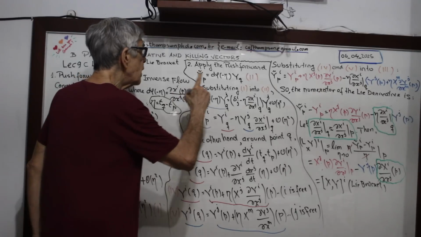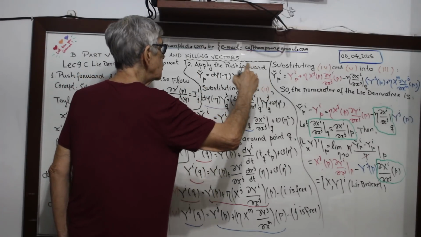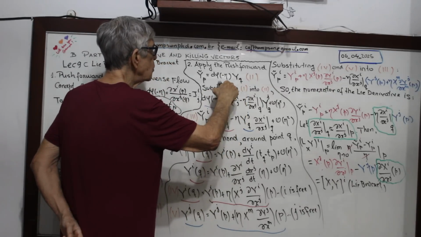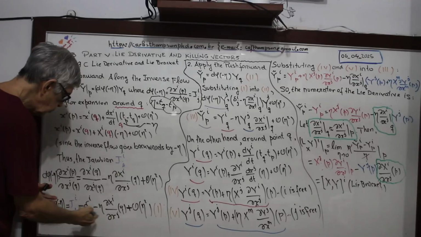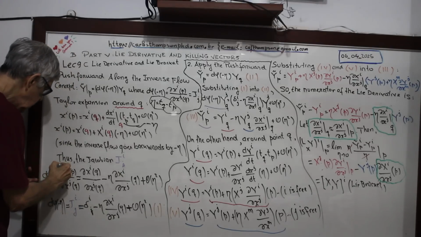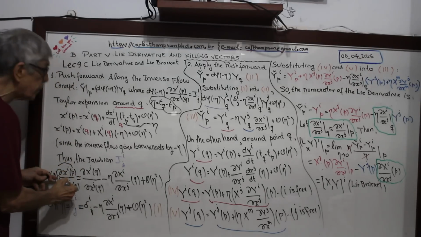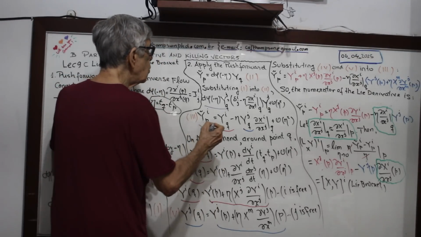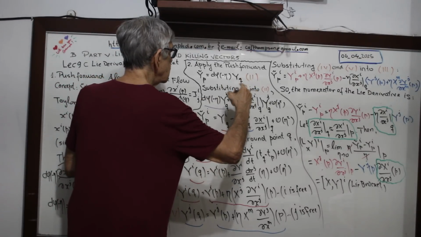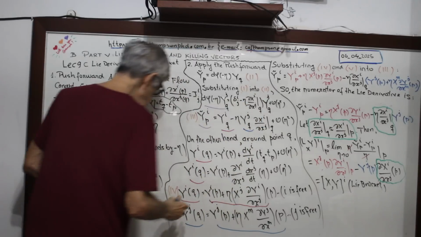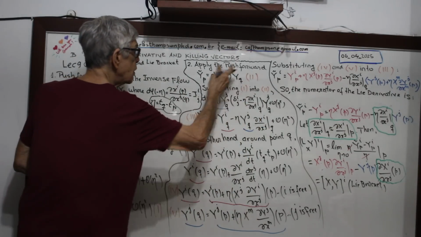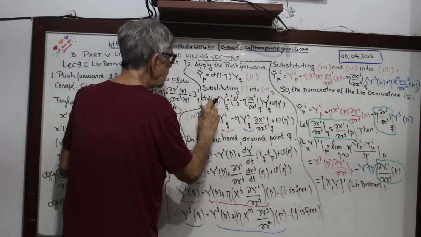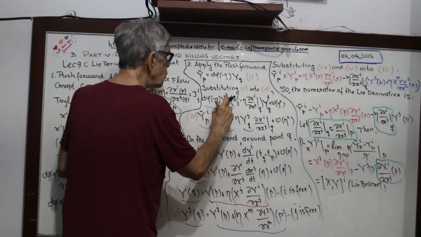Now, let's apply the push forward to the vector y at q. This is a symbol, which is defined right over here, and this is the Jacobian. Then I write the Jacobian. So we substitute equation 1 into equation 2, which is clear, to obtain the push forward of y at q at j.